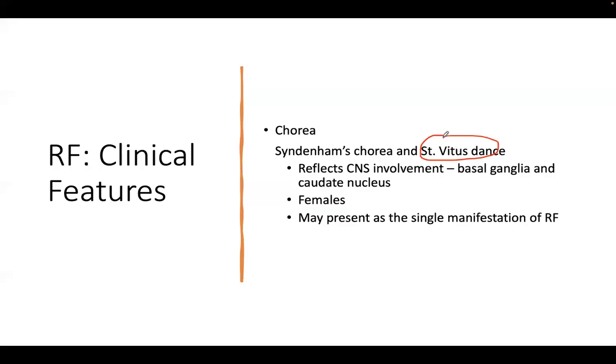The etiology: Sydenham's and St. Vitus is acquired, while Huntington's is a genetic trinucleotide repeat disorder. It usually involves the basal ganglia, next is the caudate nucleus. Now, chorea can present as a single manifestation of rheumatic fever.